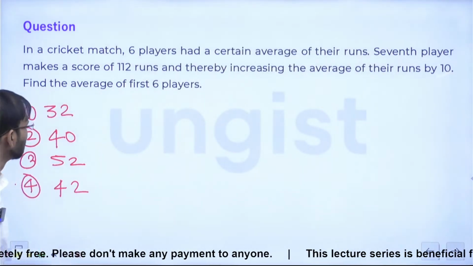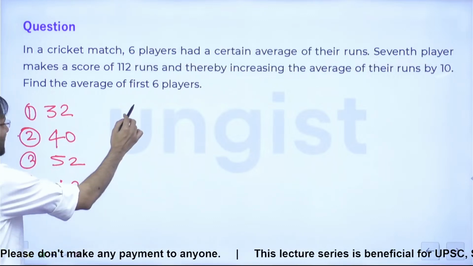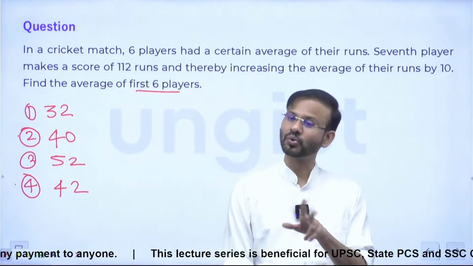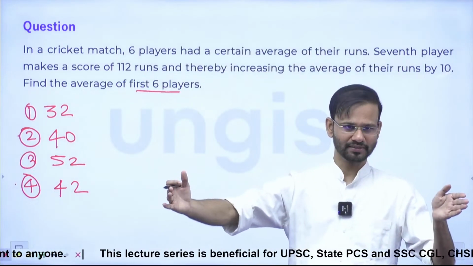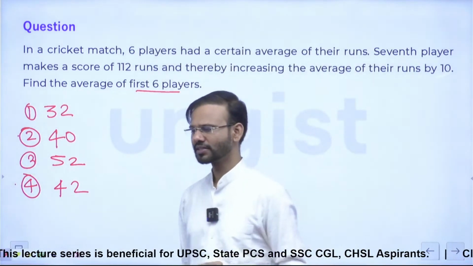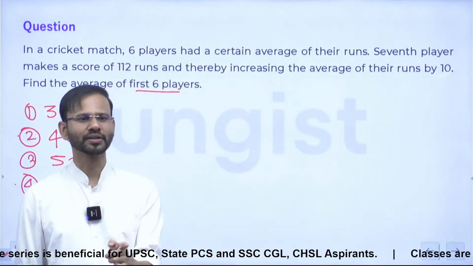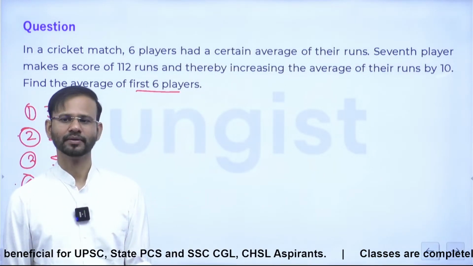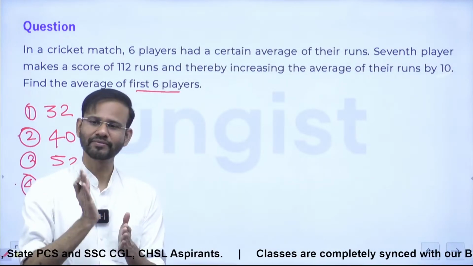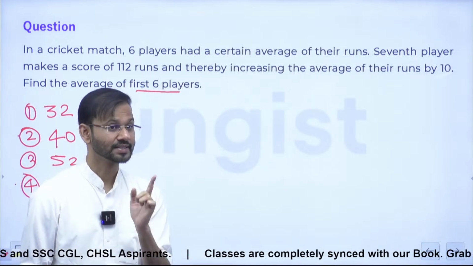The question is saying find the average for the first 6 players. It means the question is talking about the old average, because a total of 7 players are there. Now, friends, what is the 7th player contributing to all the members? 10. It means the total contribution he must be making is 7 into 10, that is 70.